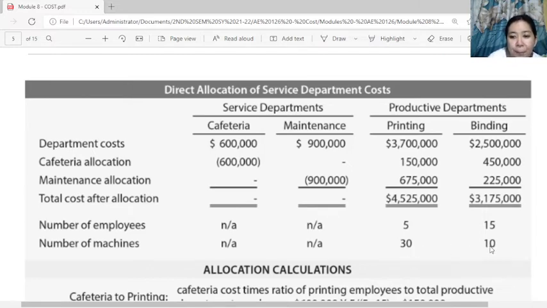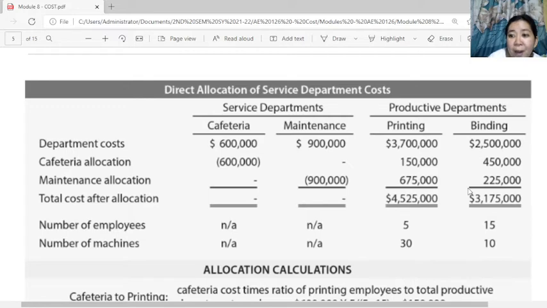To allocate the maintenance cost of 900,000 for the printing department, that's 30 machines divided by the total of 40 machines times 900,000. So that's 675,000. For the binding department, it's 10 machines divided by 40 total machines times 900,000.